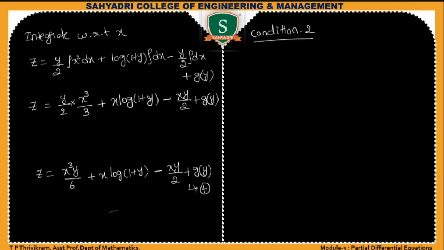So what is condition 2 actually? z is equal to 0 when x is equal to 0. So from equation 4, put z is equal to 0.